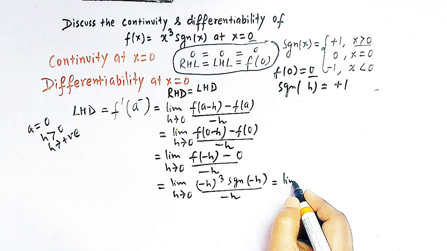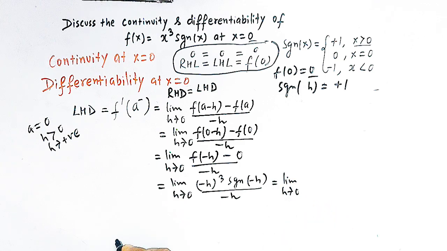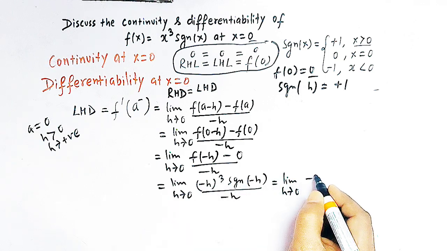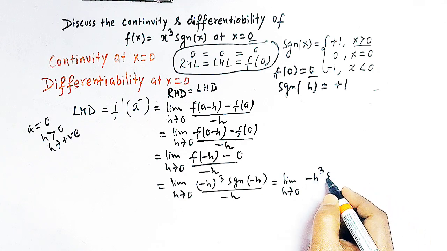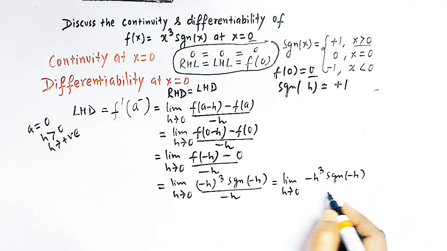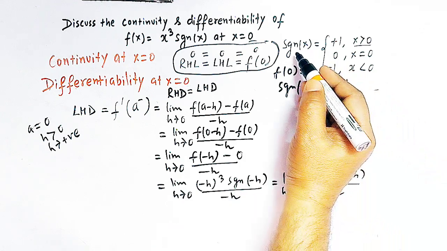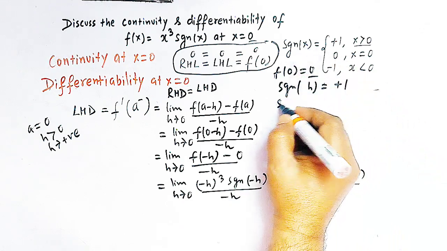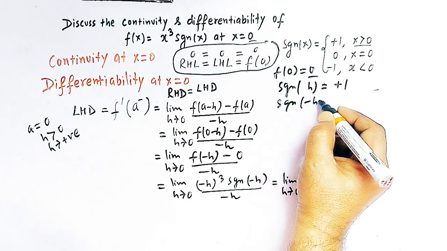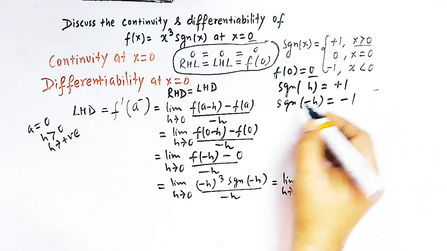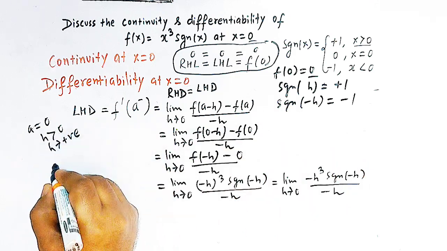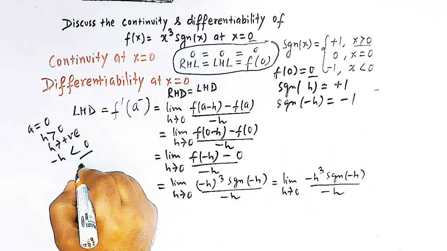So now we can write limit h tends to 0, minus h cube is minus h cube, and signum of minus h, and here we have minus h. So again from the definition, signum of minus h is equal to minus 1, because h is greater than 0, so minus h is less than 0.